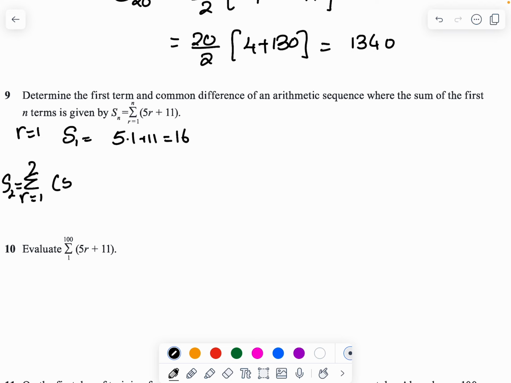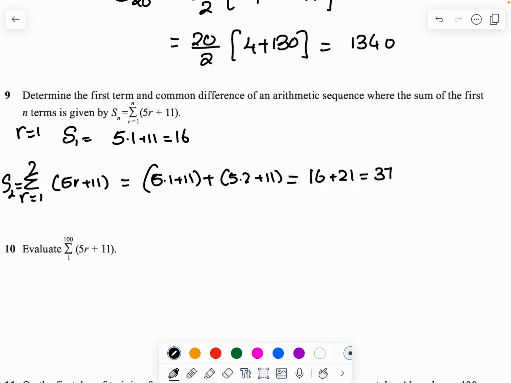So S2 is the sum of 5r plus 11, so it becomes 5 times 1 plus 11 plus 5 times 2 plus 11, which is 16 plus 21, which is 37.